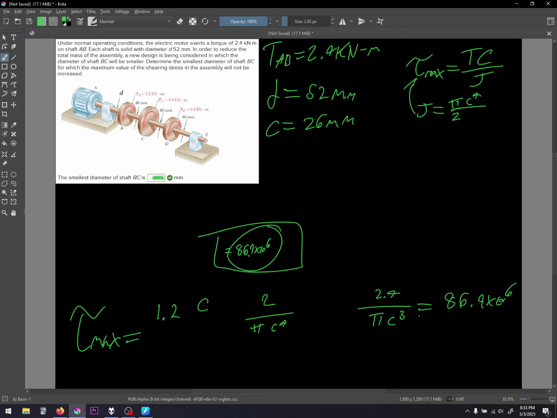Now I'm going to switch these around, so it's going to be 2.4 all over 86.9 times 10 to the 6th equals pi C cubed. Divide this side by pi. Cube root. Let's see what we get.